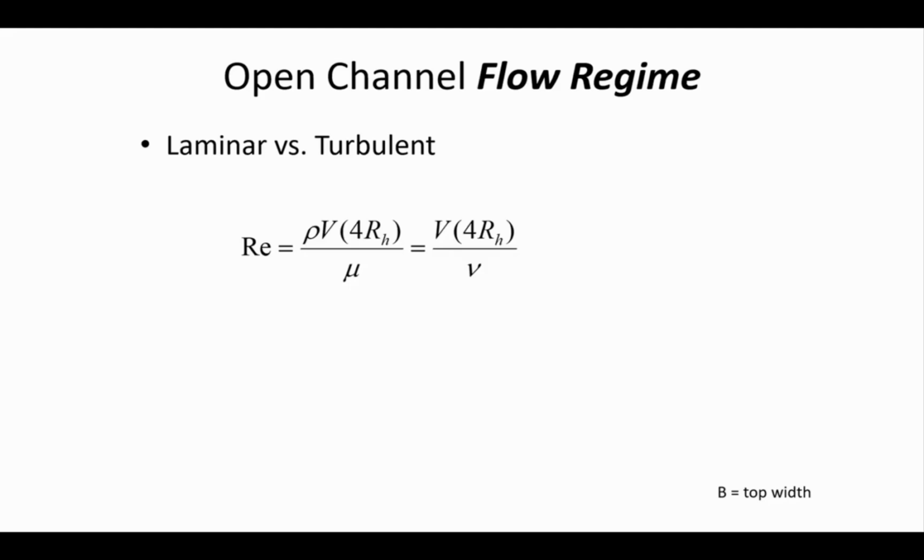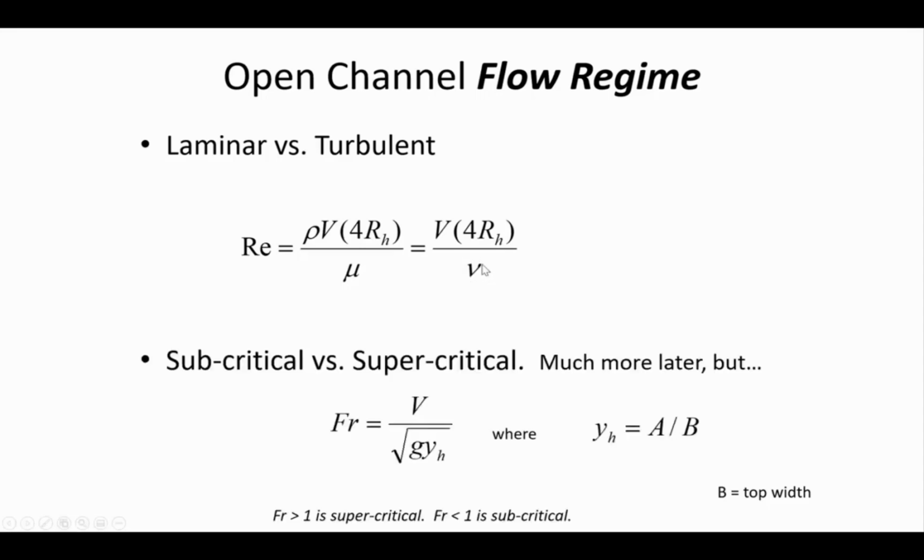You may remember that we had a lecture earlier this semester, class number 8, about how to apply non-circular conduits into formulas where normally we would use d, diameter. So if you have a channel that doesn't have the diameter, you can use 4 times the hydraulic radius in place of it. So you can calculate the Reynolds number, and if the Reynolds number is above 4,000, then that's turbulent flow. So velocity times 4 times the hydraulic radius divided by kinematic viscosity would be the Reynolds number.